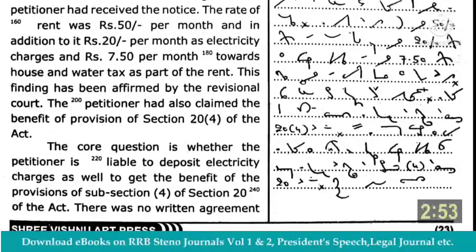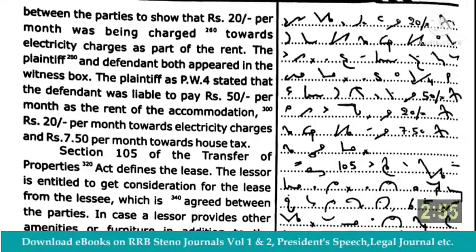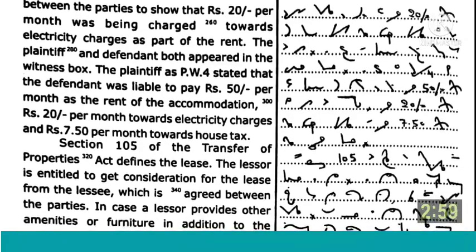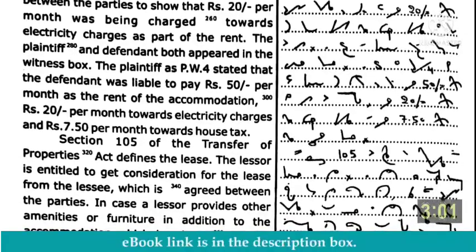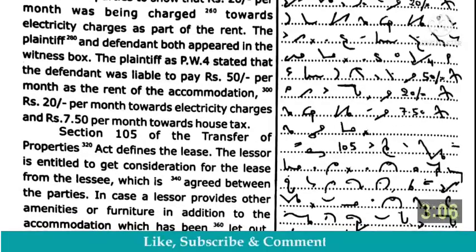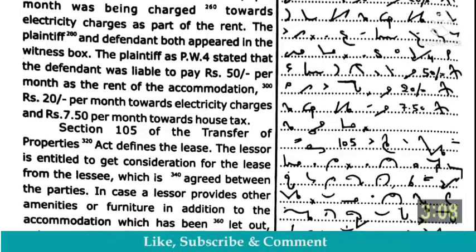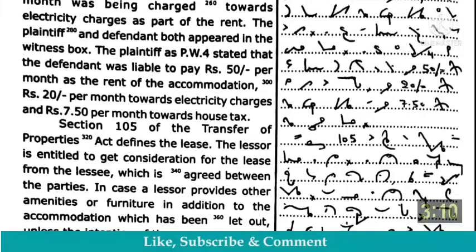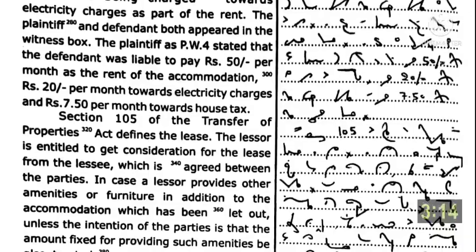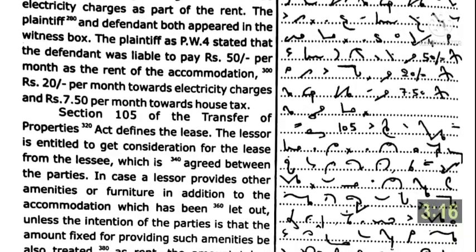There was no written agreement between the parties to show that rupees 20 per month was being charged towards electricity charges as part of the rent. The plaintiff and defendant both appeared in the witness box.